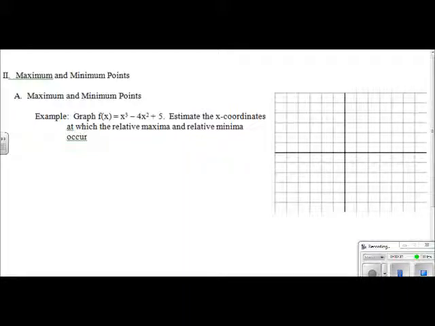So to find these relative max and relative min, we need to graph the function. So we'll look at what is the degree of the function. Well, it's f of x equals x cubed minus 4x squared plus 5. So our highest degree is 3. It's cubed there, which means we know that it's an odd function.